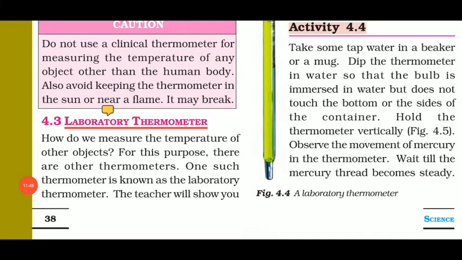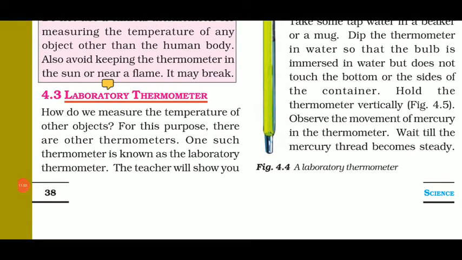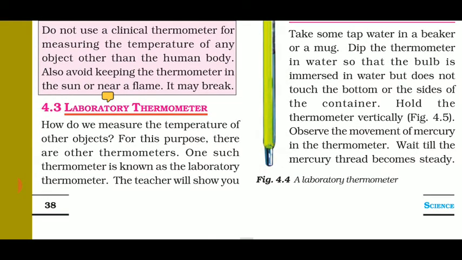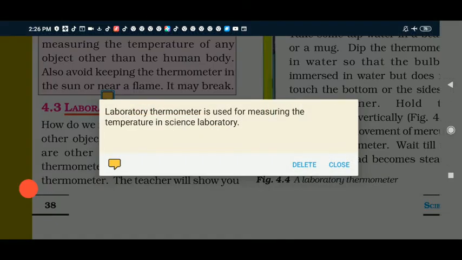Then what kind of thermometers should we use for measuring the temperature of other objects? The answer to this question is laboratory thermometers. So what is a laboratory thermometer? A laboratory thermometer is a thermometer that is used for measuring temperature in a science laboratory.